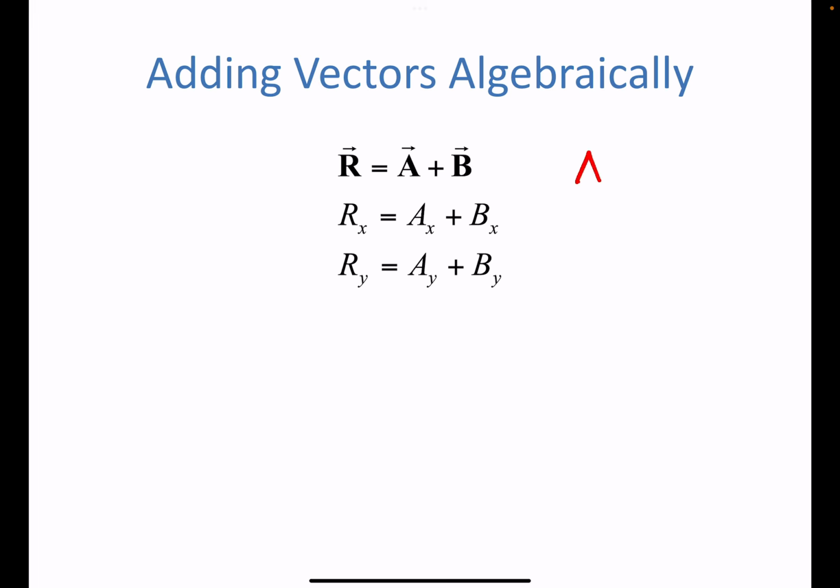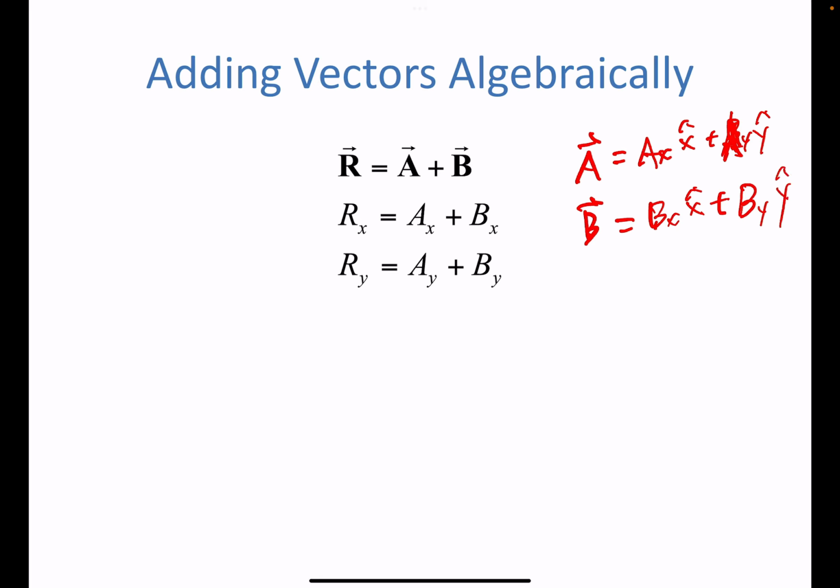And to summarize, we can add vectors algebraically. So you can break vector A down into Ax, the x component in the x direction, Ay in the y direction, and vector B into Bx in the x direction and By in the y direction.